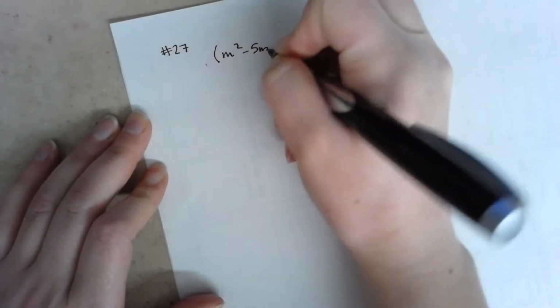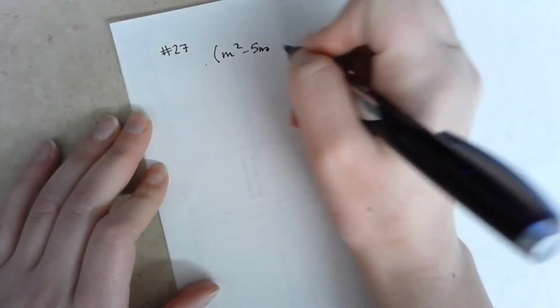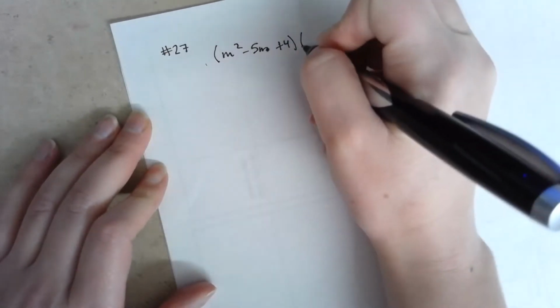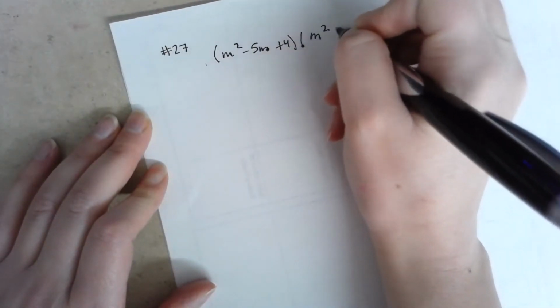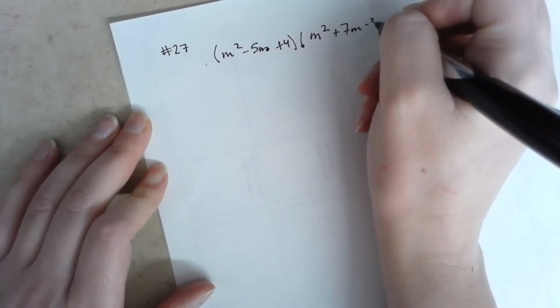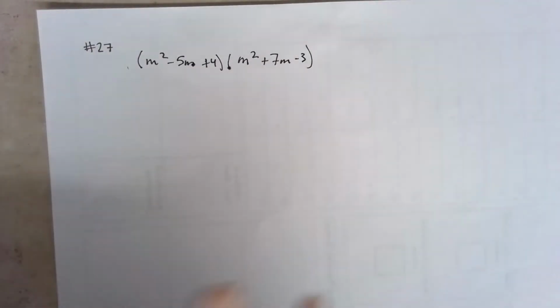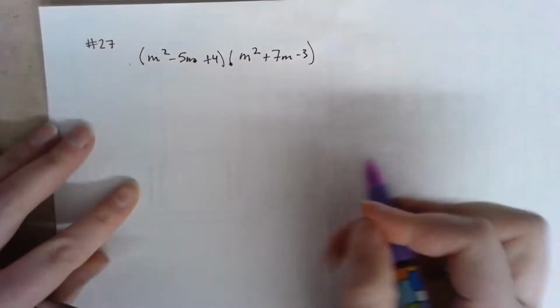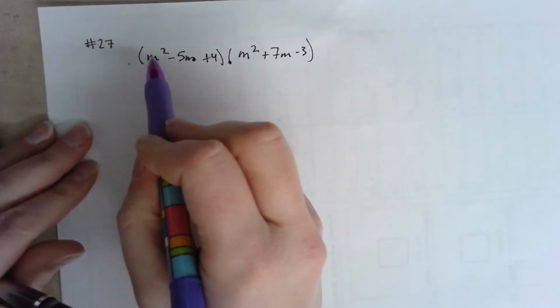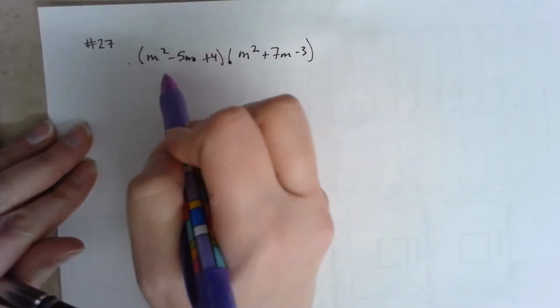So m squared minus 5m plus 4, and then m squared plus 7m minus 3. Okay, I would try to do this yourself, guys. Pause the video, try it, and then start the video and watch. But again, this is a trinomial times a trinomial.